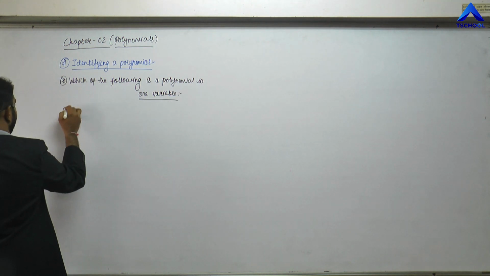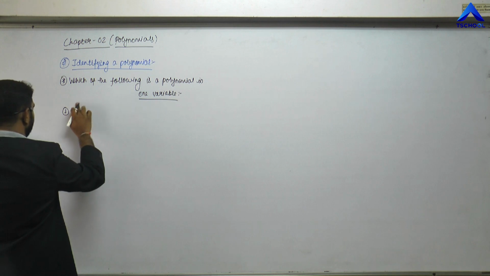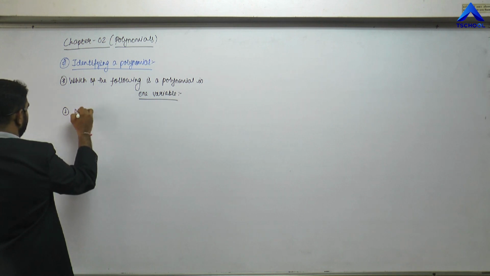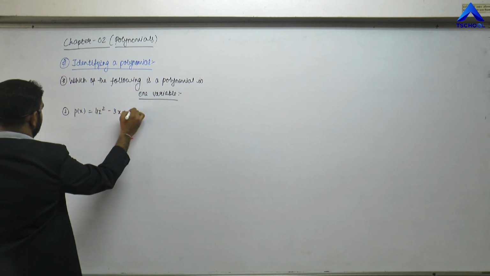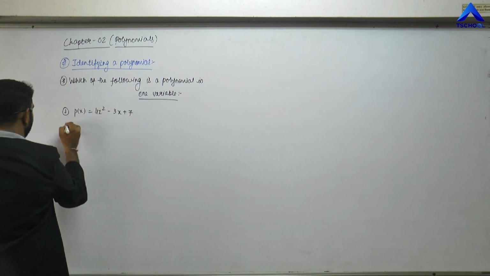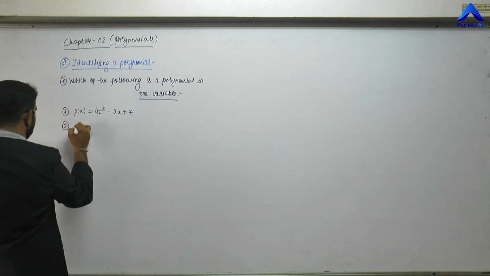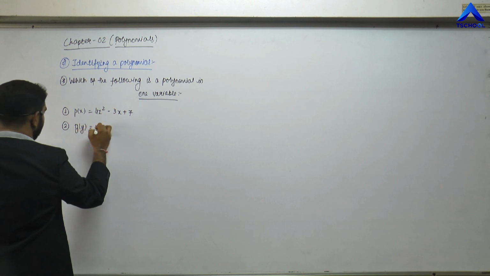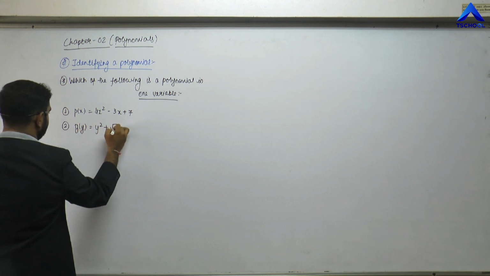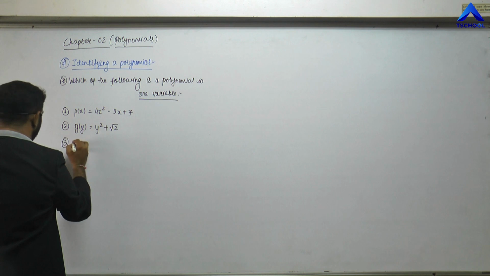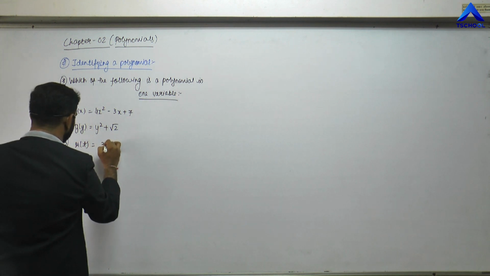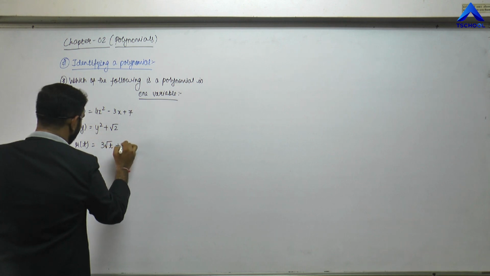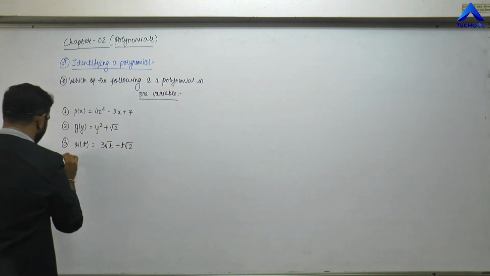right? The first one is p of x equals to 4x square minus 3x plus 7. The second one is g of y is equals to y square plus root 2. The third one is r of t is equals to 3 root t plus t root 2.